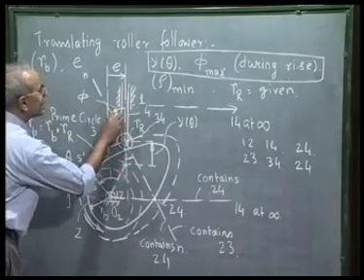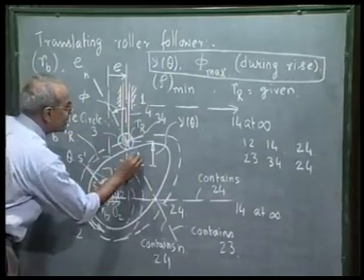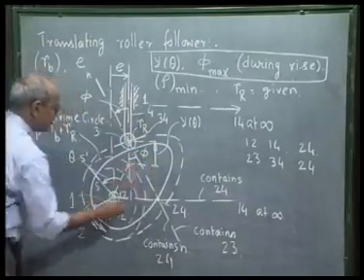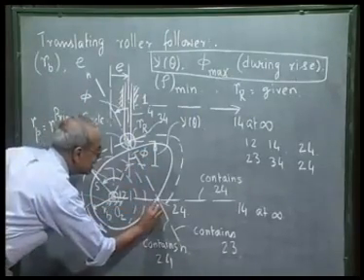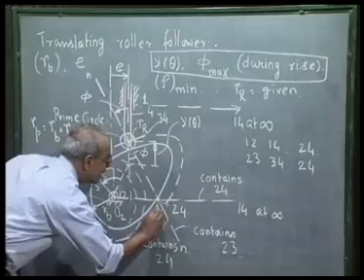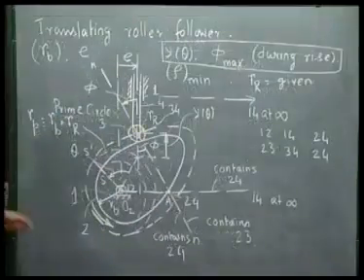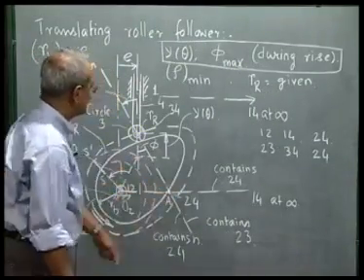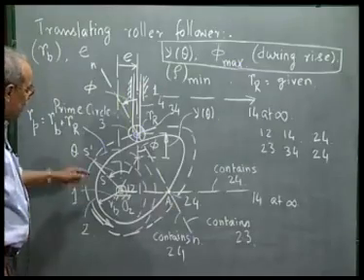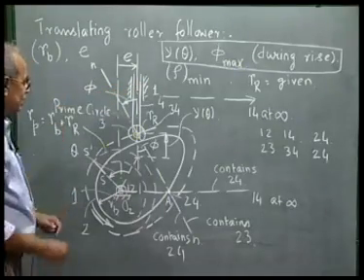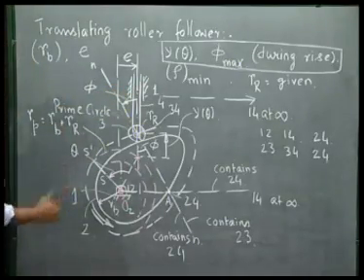This angle is the same as this angle, which is phi. Let me name this point A. A is the location of 2,4, the relative instantaneous center between the cam and the follower, because cam is 2 and follower is 4.